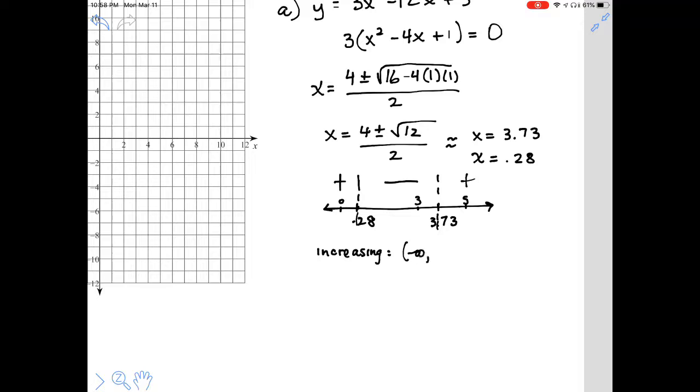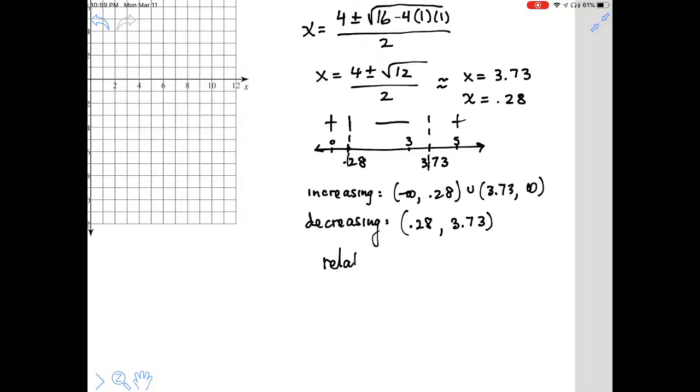So what that tells me is it's increasing from negative infinity to 0.28, and it's increasing from 3.73 to infinity. It's decreasing from 0.28 to 3.73.